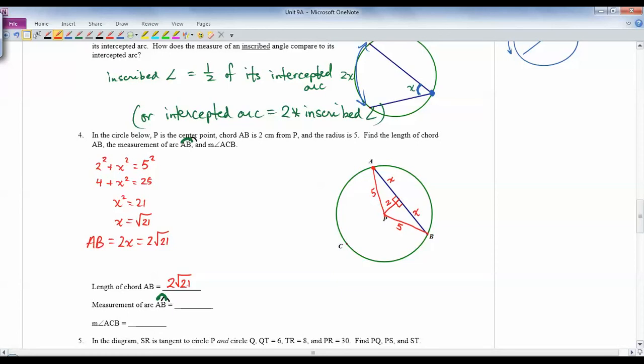Okay. The next one says, what's the measurement of this arc? Well, the measurement of that arc is the same as the central angle that carves it out. So let me draw this triangle by itself again. So here's APB.